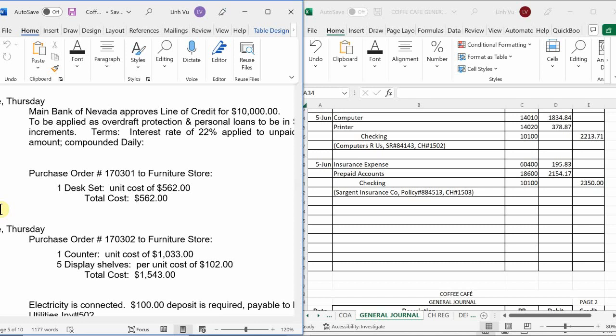So we decided to do one order of a counter and 5 display shelves, which each display shelf is going to cost you $102 each. So your grand total amount that's going to be costing is $1,543. So, once again, this is a second purchase order.